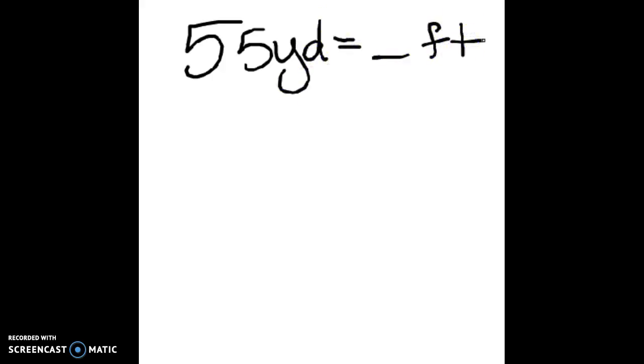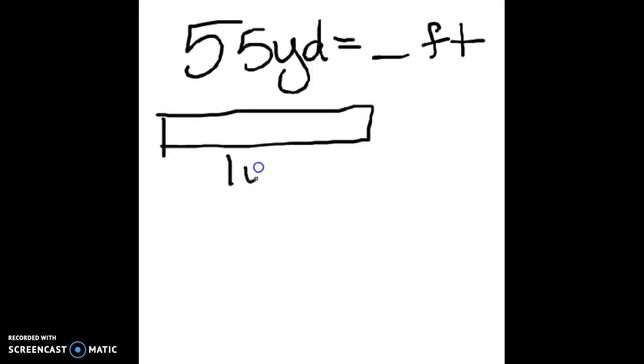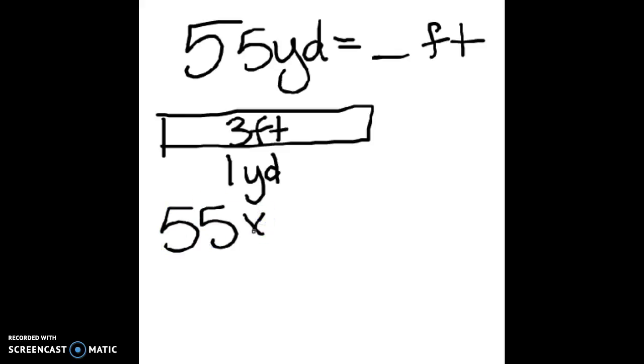Well, this time I'm given the bigger measurement. So if I have a yardstick, I could see that this is 1 yard and there are 3 feet in there. So if I take the number of yards, 55, and multiply it by the number of feet in a yard, which is 3, I should get my answer. 55 times 3 is 165.